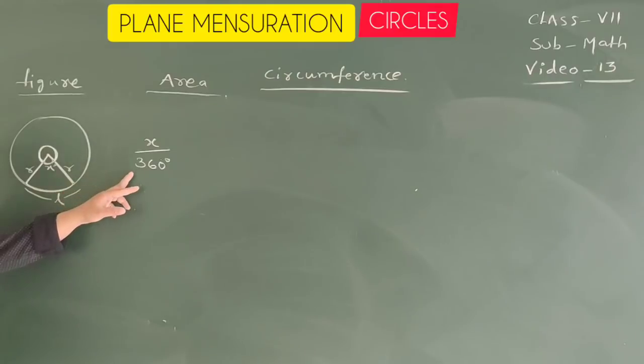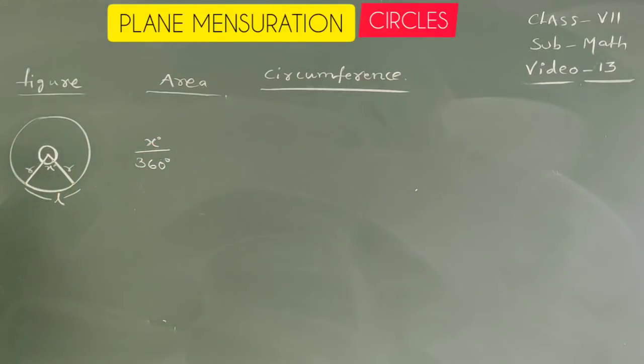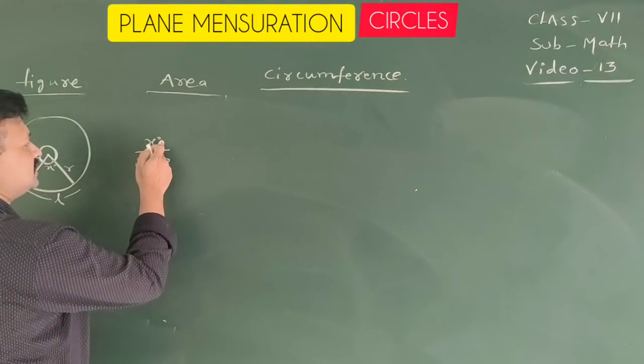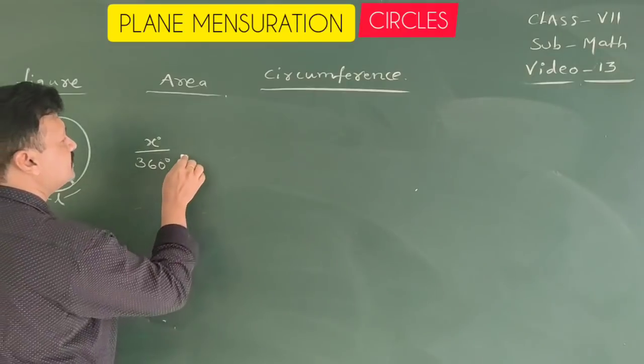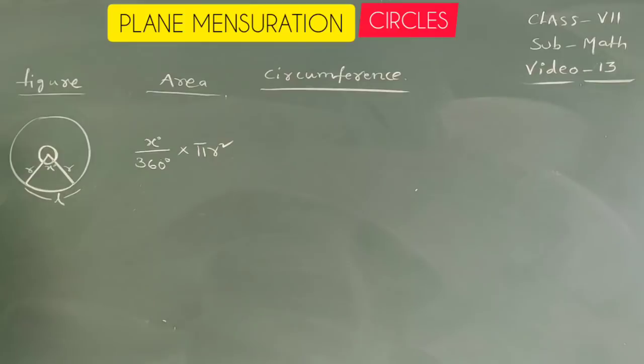Out of 360, x is the numerator. The angle made at the center of the circle is nothing but the sector. That's why x is called the sectorial angle. So area is x by 360 into pi r square.